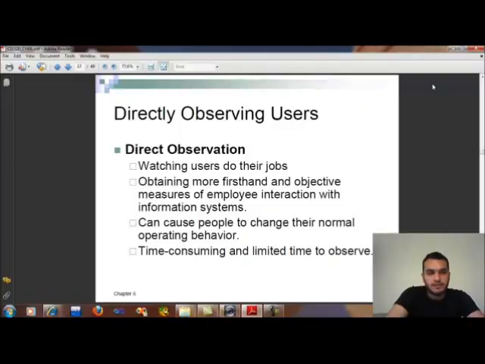And direct observation: watching users do their jobs and obtaining more first-hand and objective measures of employee interaction with information systems. It can cause people to change their normal operating behavior, and it is time-consuming with limited time to observe.